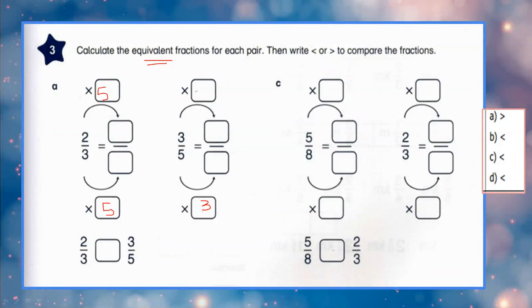Yes, so moving on to the next example. Part A has been done for you. Can I move on to C? What is given in part C? 5 upon 8 is on the left-hand side, while 2 upon 3 is on the right-hand side. We have to solve it first by making the denominator the same. Step number 1.